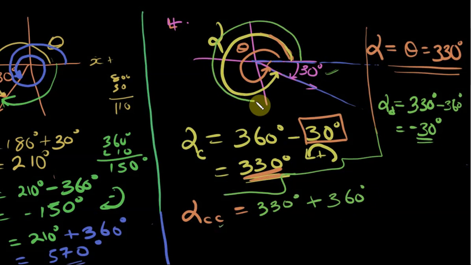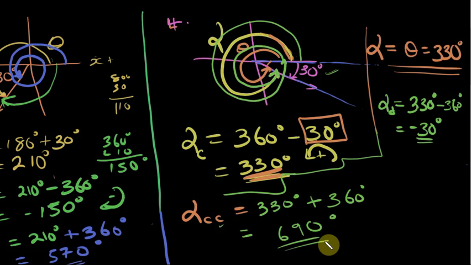It goes all the way to 360, and then it goes from 360 all the way to 330 degrees. So the formula still works as long as you are using the reference angle. So 330 plus 360, 0 plus 0 is 0, 6 plus 3 is 9, 3 plus 3 is 6, so 690 degrees. Alright, cool.